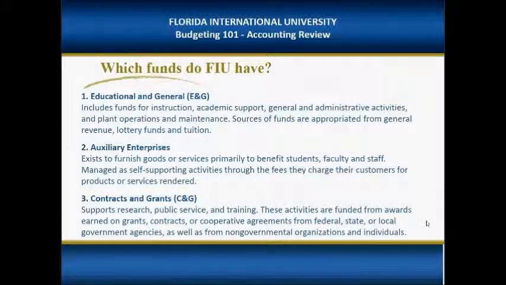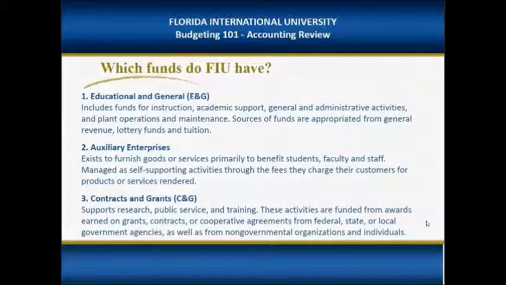An example here is the parking activities, housing, all of the retail activities that we have. The main characteristic here with auxiliaries is that they have to be self-supporting, meaning you have to recover whatever the costs are. If not, you have to question whether you should actually be doing the activity.